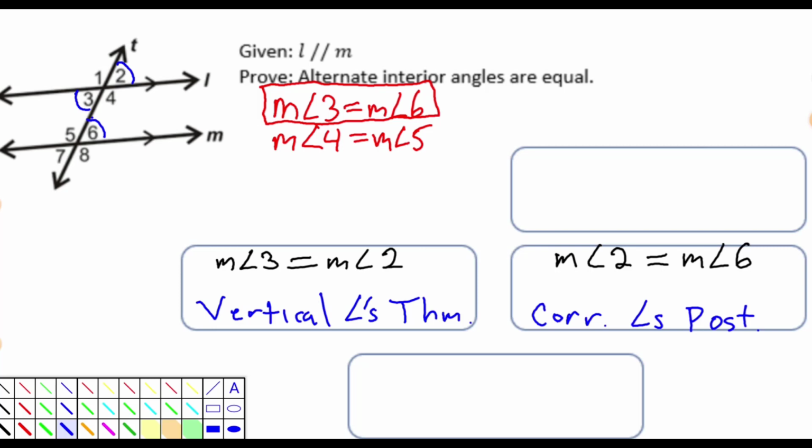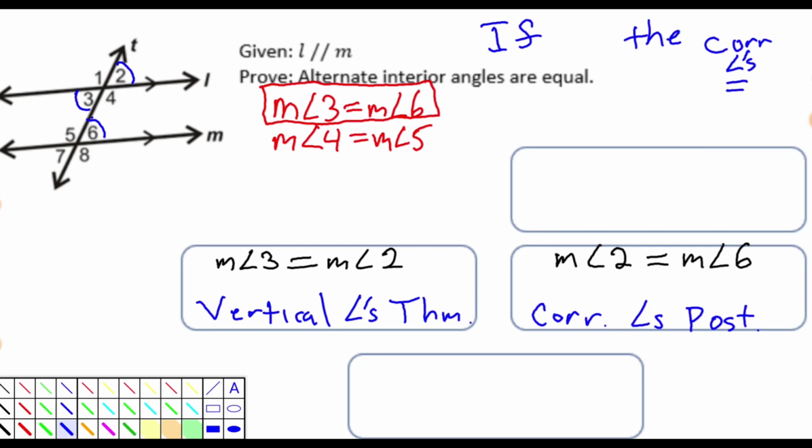But now, what is this box above the corresponding angles postulate, and why is it there? Well, remember, there was something that must be true for the corresponding angles postulate to work. Remember, there was an if and a then. It was like, if something, then the corresponding angles are equal.